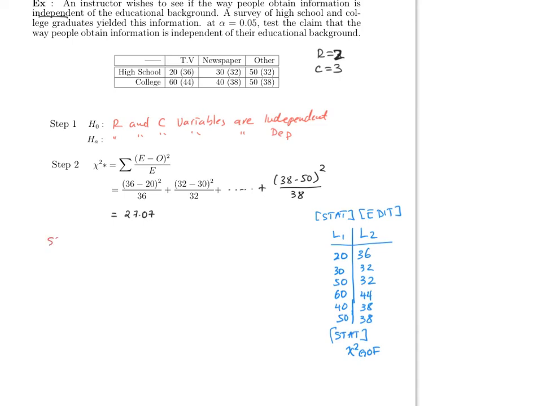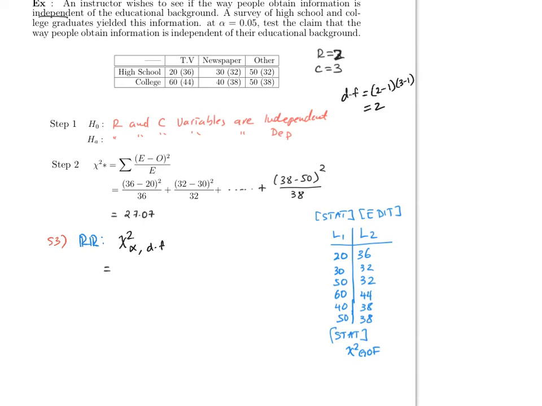Now, remember, for step 3, you need to find the rejection region, which is equal to chi-square of alpha. Remember, alpha is not divided by 2, with the degrees of freedom. Remember that the degrees of freedom is equal to the number of rows minus 1 times the number of columns minus 1, which in this case is equal to 2.